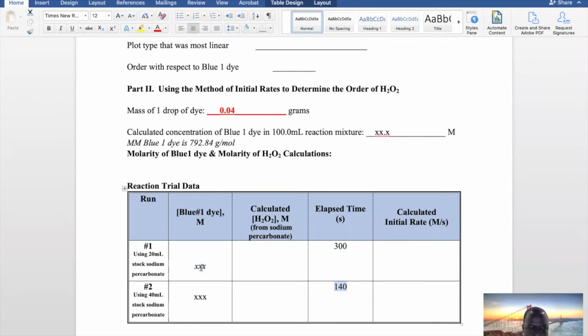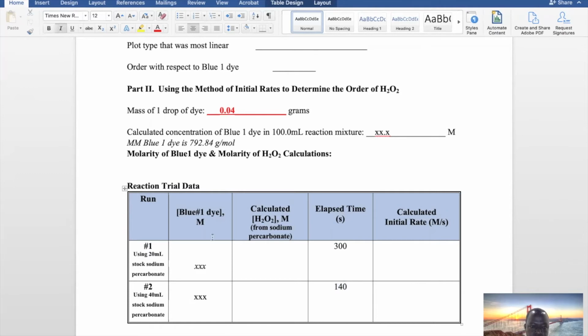So whatever you get here, divided by 300 will give you the rate for run 1. For run 2, the rate here, which is the same, remember this is constant, we will divide by 140 to give you the rate for run 2.